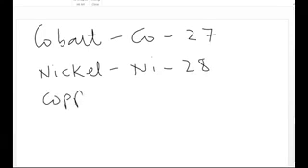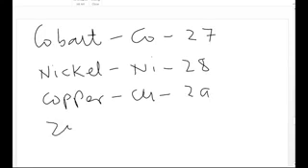Copper, Cu, 29. Then zinc, Zn, 30. So this is 21 to 30. Now you can see all these transition metals, with the exception of zinc, all other ones you must tell us the specific oxidation number. I'll tell you what I mean.